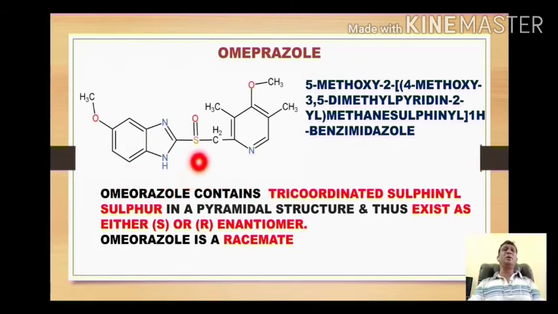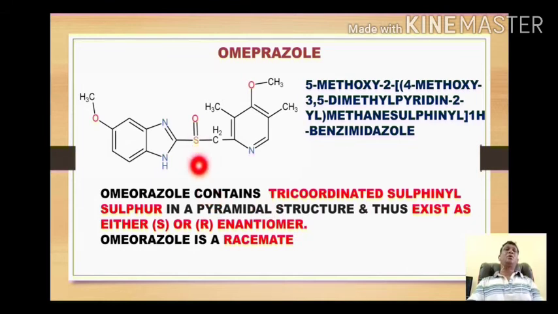It is due to the presence of this sulfinyl group. The sulfur has a tri-coordinated system, meaning it is attached to this benzimidazole, this methyl pyridyl ring, and the oxo group. So 3 main groups are attached.